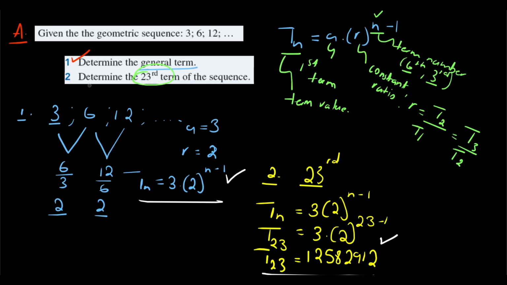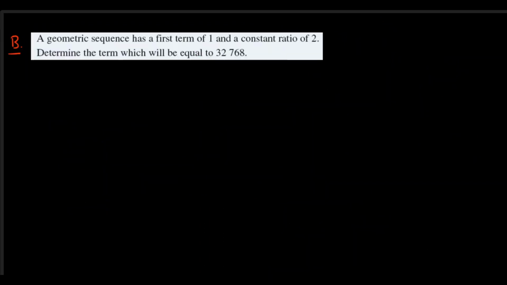We can move on to the next question that tests our knowledge of geometric sequences, which is B. This question says the geometric sequence has a first term of 1 and a constant ratio of 2. Determine the term which will be equal to 32,768. Let's write down what we know.